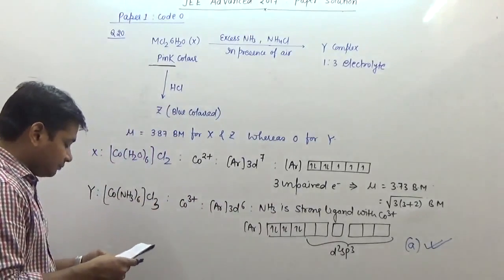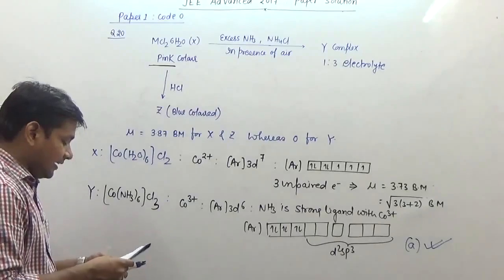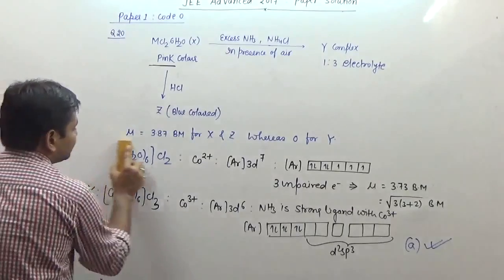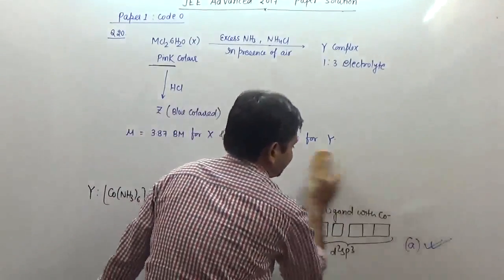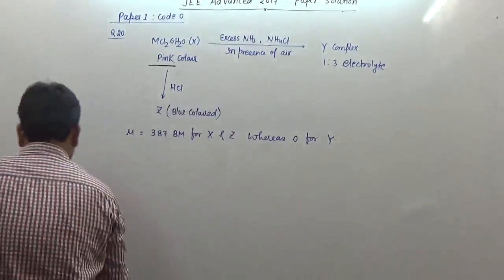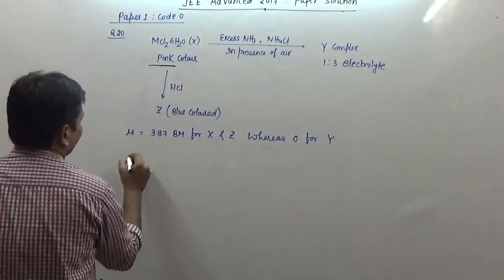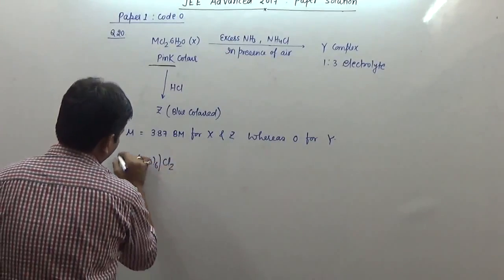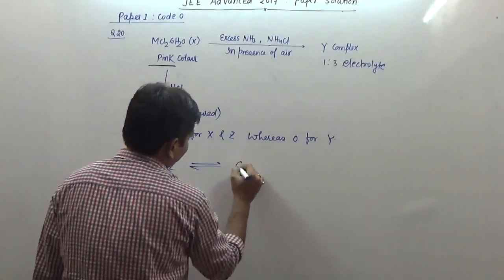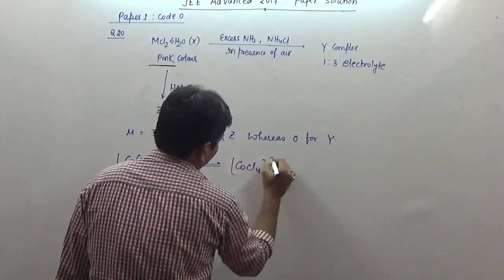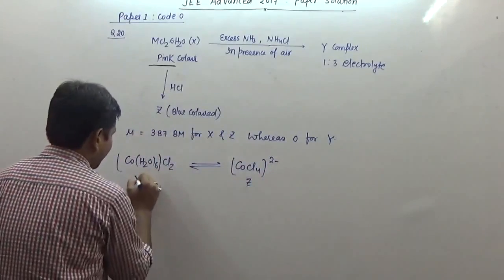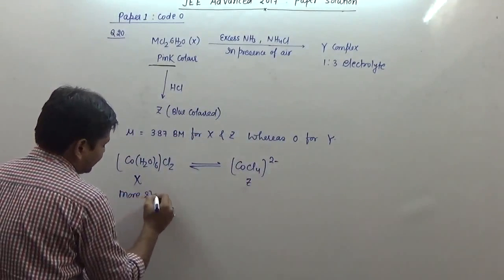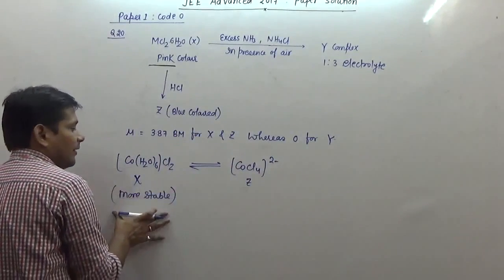Now, X and Z in equilibrium at 0 degrees Celsius, the color of the solution is pink. We have to compare X and Z now. So if we look at the equilibrium of [Co(H2O)6]Cl2 and [CoCl4]2-, you must be knowing that X is more stable, and hence at 0 degrees Celsius this one will be dominant.